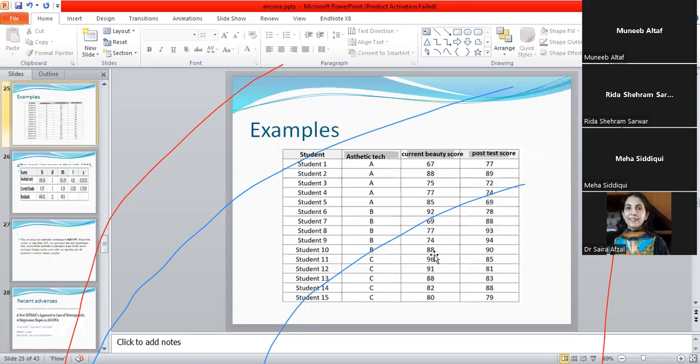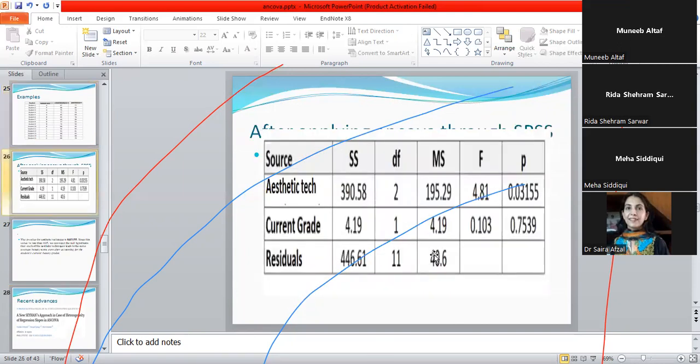So here's an example of 15 female students who are having three different aesthetic techniques. First we take the current beauty score before the usage of the technique, and then we take the post-test score, which is the post-technique score.